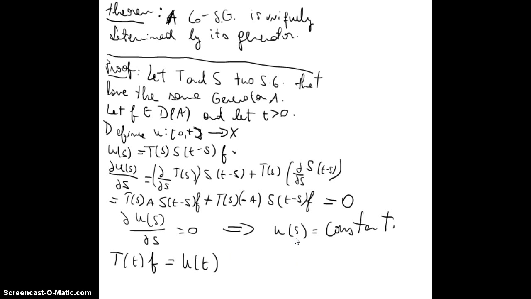But U(s) is a constant, so at the same time this will be equal to U(0). Okay, so U(0) is T(0), this goes out, and S(t)f. So this means that T is equal to S. That is what we wanted to see.